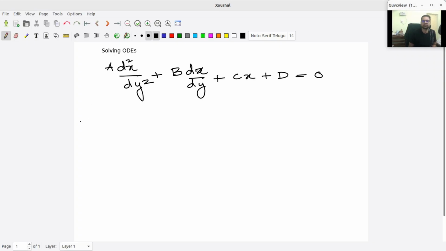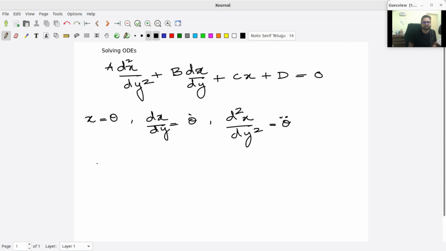Let's say x is theta and dx by dy is theta dot, d square x by dy square is then theta double dot.